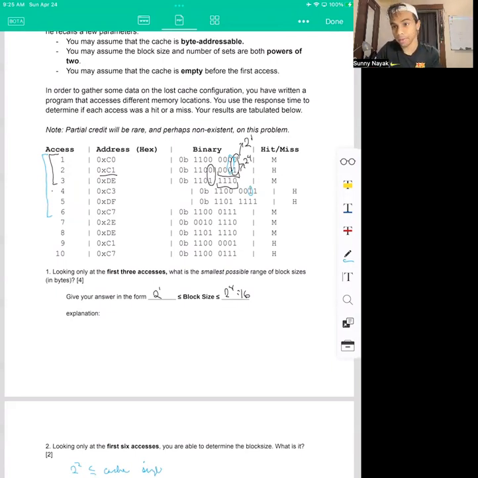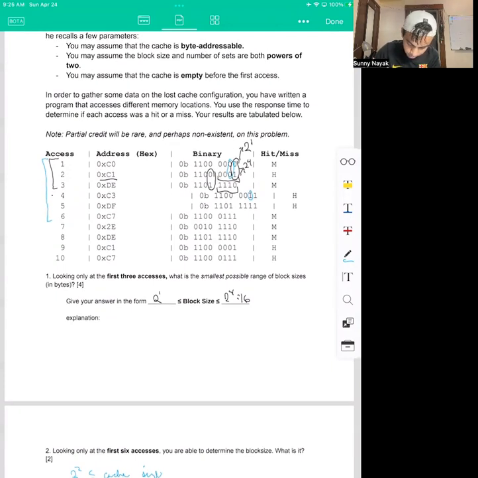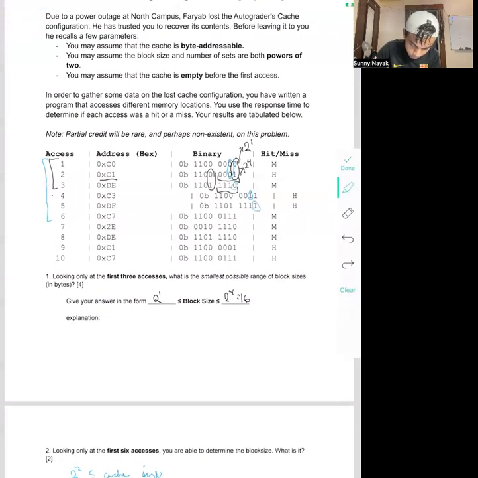So DF is a hit, right? So that can only potentially increase our upper bound, but we don't know that it's going to. So let's look at the matching bits between the first different or most significant different bit between address accesses 3 and 5. It looks like it's just going to be that least significant bit.